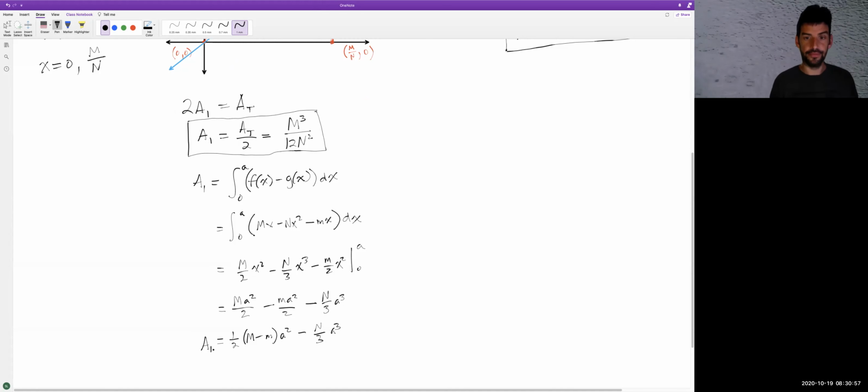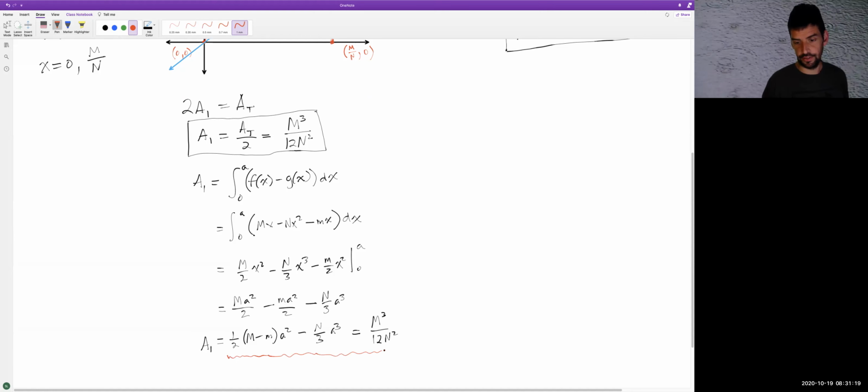This is area 1. Right? And we also know that this is equal to this thing we had up here, M cubed over 12 n squared. So let's take a moment, let's take a breath and think about what we have.